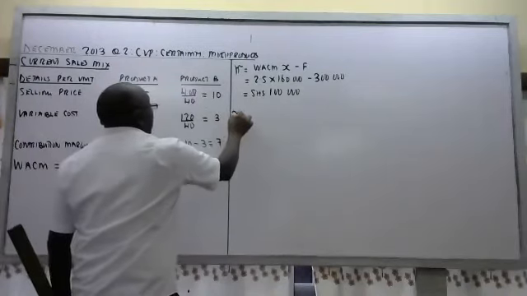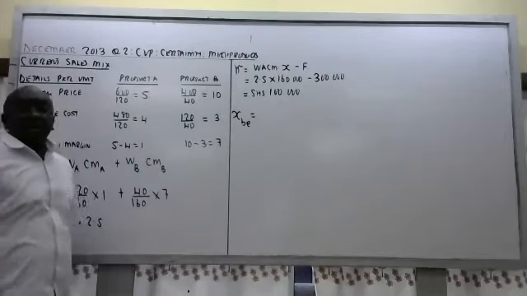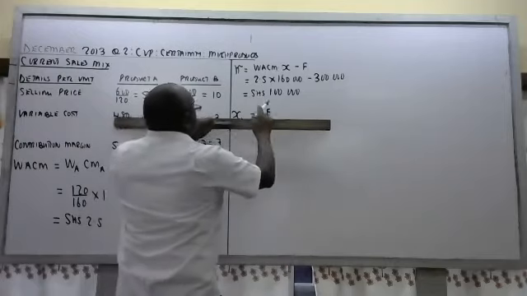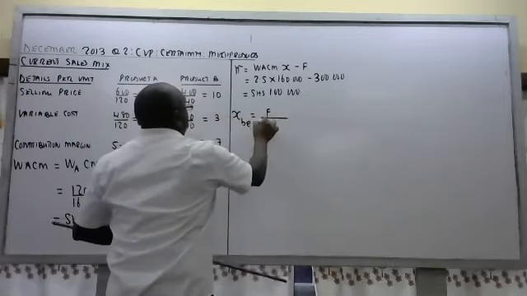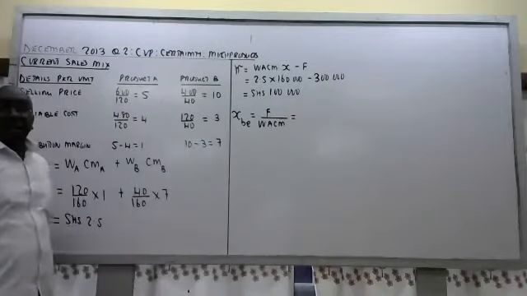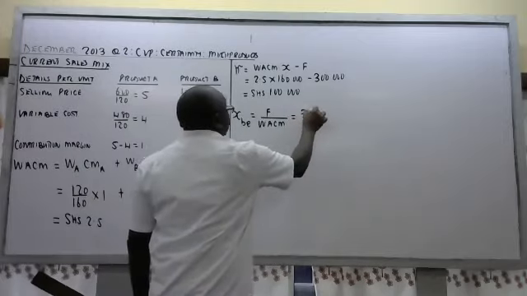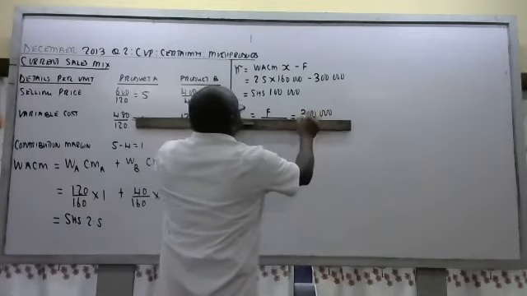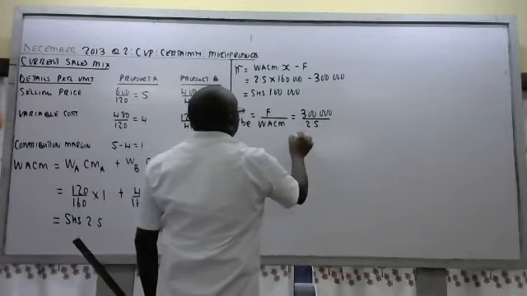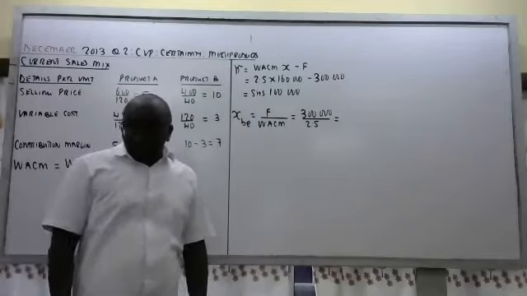If you are told to get the break-even point, XBE, it is F divided by WACM. Now this one will be 300,000. You divide by 2.5.